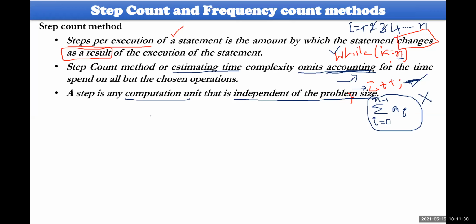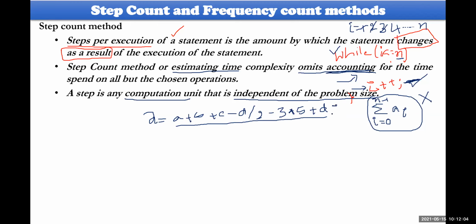For example, x equals a plus b plus c minus d divided by 2, minus 3 into 5, plus some d, something like this. If we take this kind of operations, these are different operations: addition, followed by addition, followed by subtraction, followed by division, followed by subtraction, followed by multiplication, followed by addition.